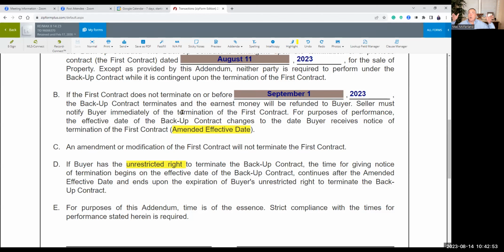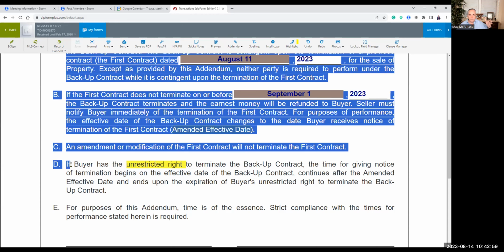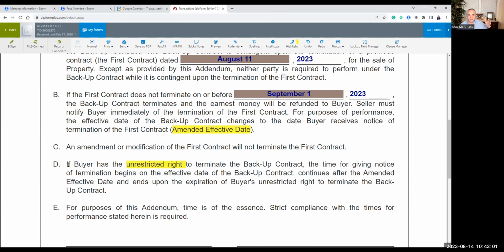So you have 2 option periods. Notice the word if right here: if the buyer has the unrestricted right. On the 1 to 4 family contract, if we have an option period, we have an option period from the time we go under contract. And then when we get the amended effective date, we start the one that we have in the contract.